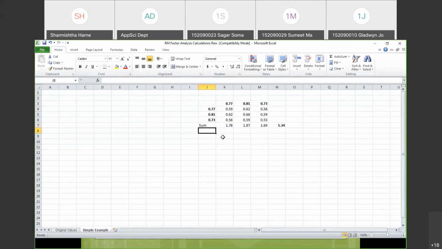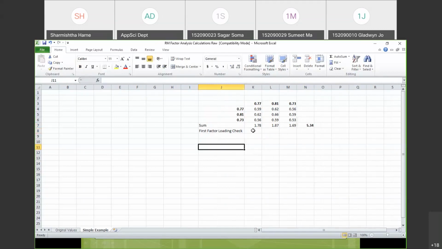So this we can give a name again. First factor loading. You can call it check because actually we are doing a check. So this will be this value divided by the square root of the sum of this number, which we can fix by F4.